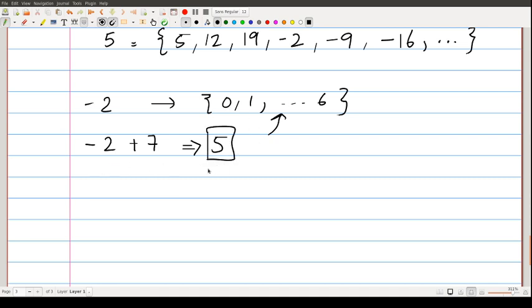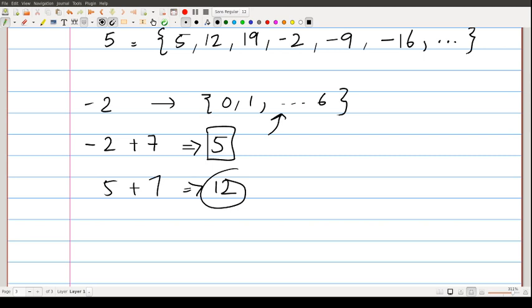But minus 2 and 5 are of course the same. 5 plus 7 is equal to 12, right? This is also the inverse, because when you multiply it by 3, you should get the same remainder.